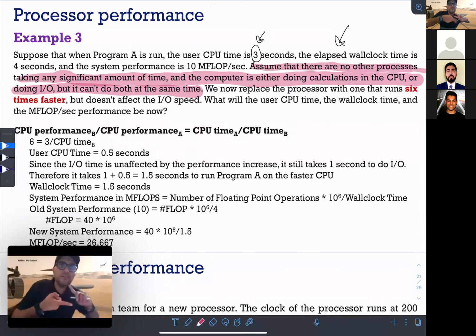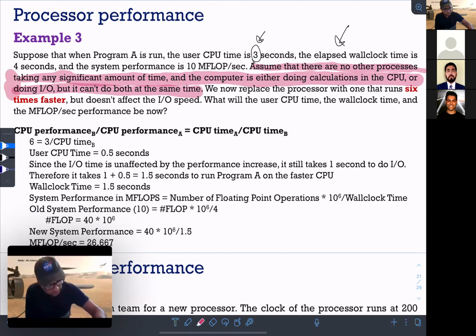If the IO and CPU worked at the same time, you would be in a little bit of trouble, because you would have to figure out which one takes longer to be the official time. But this sentence made it very straightforward: 4 equals 3 plus IO. That means the IO is 1 second.